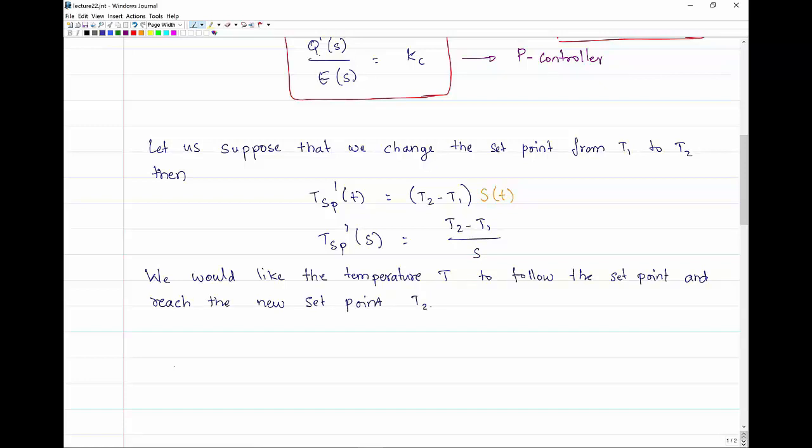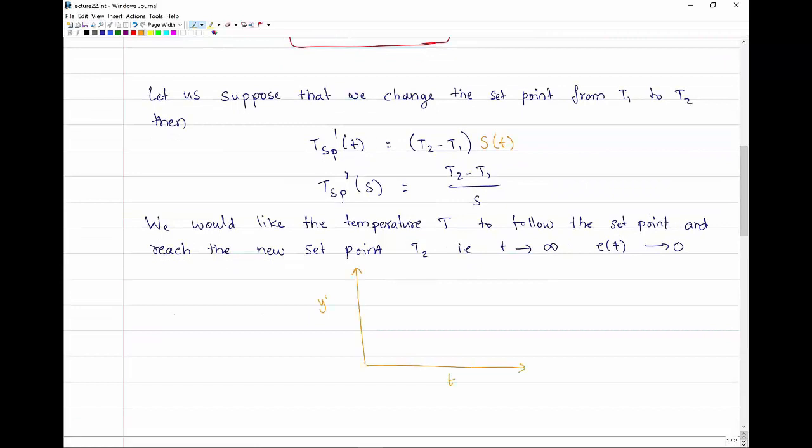In other words, E of t must go to 0. With an ideal controller, it is perhaps possible to ensure that the control variable tracks the set point exactly with no error between. However, implementing this ideal controller is often extremely difficult and in many cases impossible because real processes do not have enough input power to push the process variable exactly to the set point in an infinitesimally small amount of time.